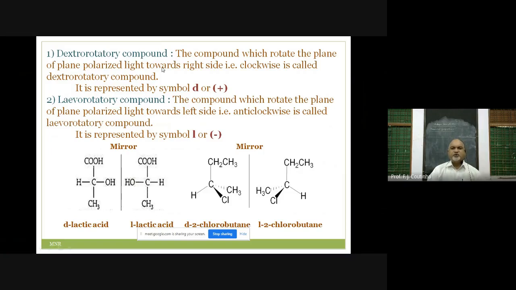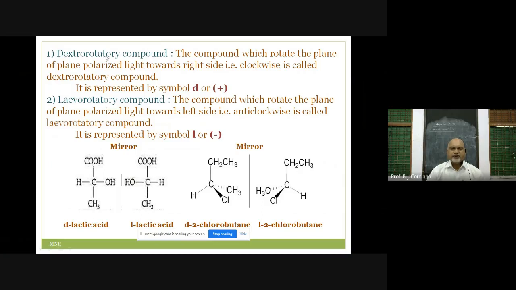Dextro-rotatory compounds are the compounds which rotate the plane of plane polarized light towards the right-hand side, that is clockwise, the way the arms of a clock rotate. This is symbolically represented by a small d or a positive sign.